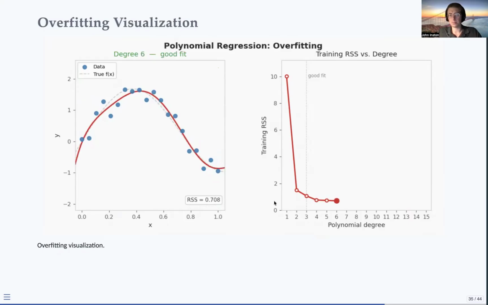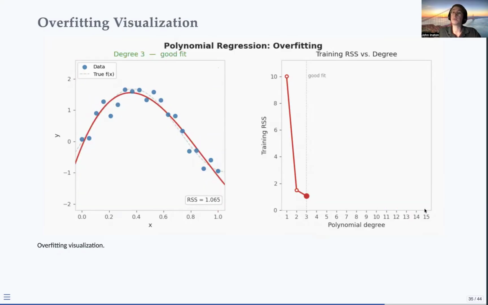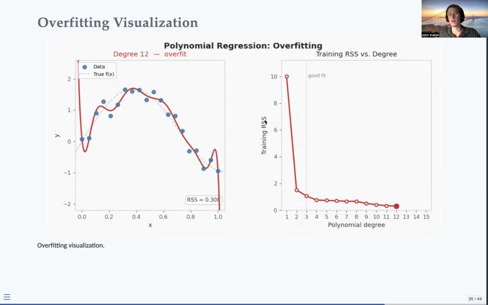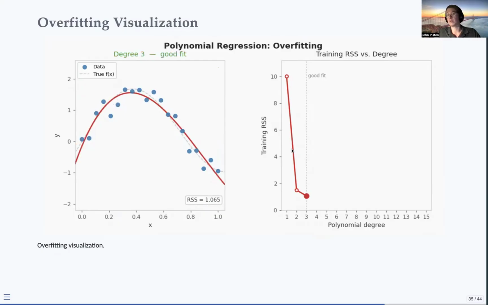And we're having this stagnation of the training RSS reducing, because eventually it essentially just lies perfectly on all of the points, and so we don't end up with any errors left. We're reducing them down further and further.